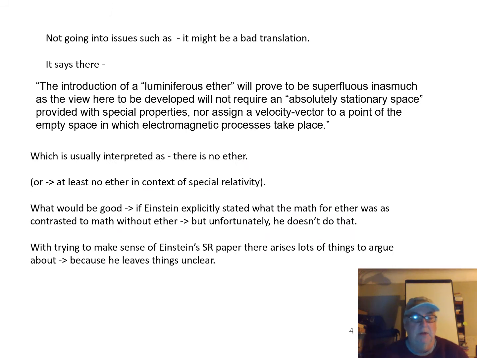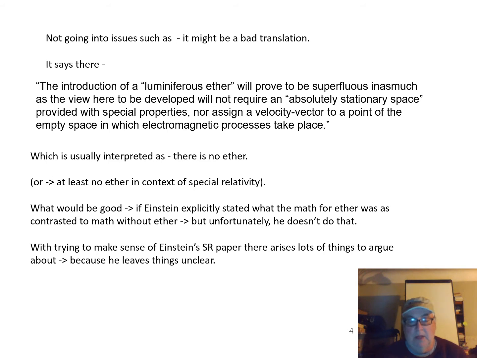So I'm not going into issues such as it might be a bad translation, and the article says the introduction of a luminescence ether will prove to be superfluous, inasmuch as the view here to be developed will not require an absolutely stationary space provided with special properties, nor assign a velocity vector to a point of the empty space in which electromagnetic processes take place.